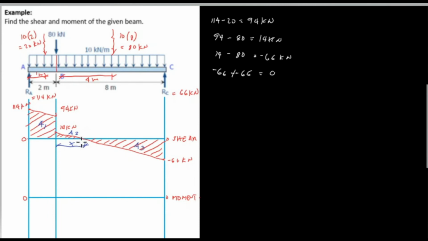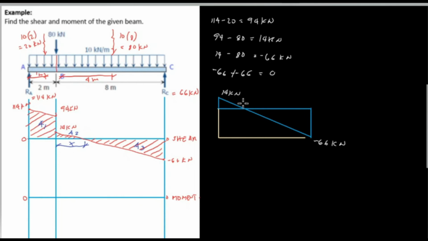So let's find the value of X using the ratio and proportion. So by using the ratio and proportion, we have here 14 kilonewton, this one, and this is negative 66 kilonewton. So this blue one is the area 2 and area 3, and this will be distance x.